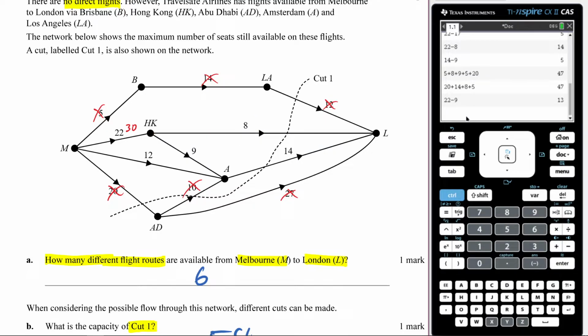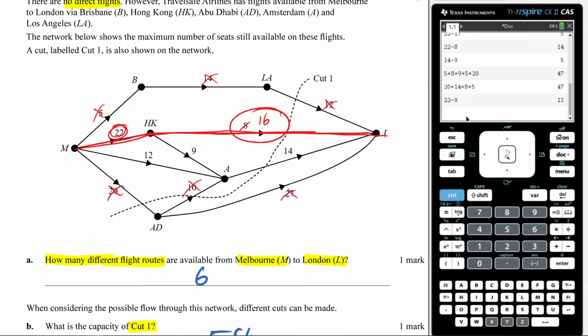The only place where adding additional seats would actually result in 8 more people getting there would be if you added it to here and made this 16. And the reason why is because now you could say, all right, 22 people are pushed here. There's 22 here. So that 22 can all be furnished by that 16 here. So I've actually increased it by 8 if they go from Melbourne to Hong Kong, Hong Kong to London.